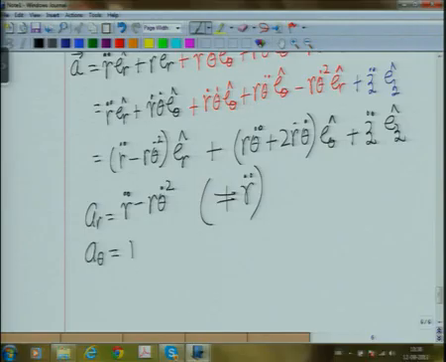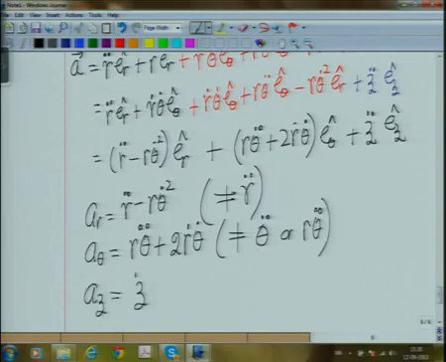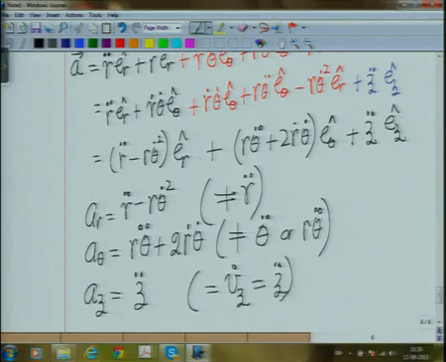A sub theta is r theta double dot plus 2 times r dot theta dot, and this is not equal to theta double dot or r theta double dot. A sub z, being the same good old thing, is equal to z double dot, which is equal to Vz dot, which is z double dot. Okay, so this is what happens in cylindrical coordinates.